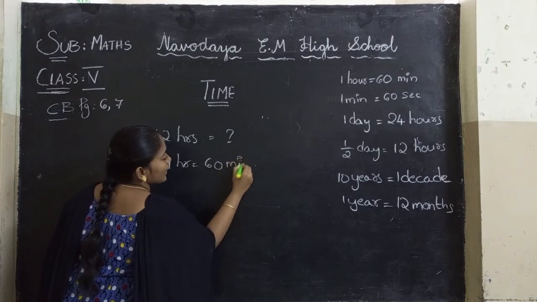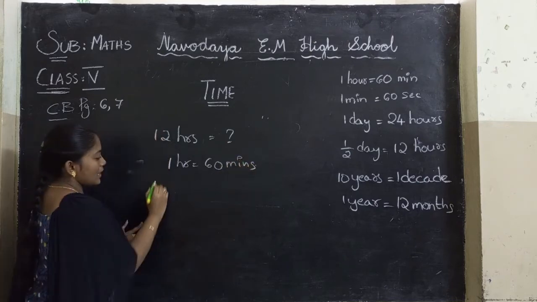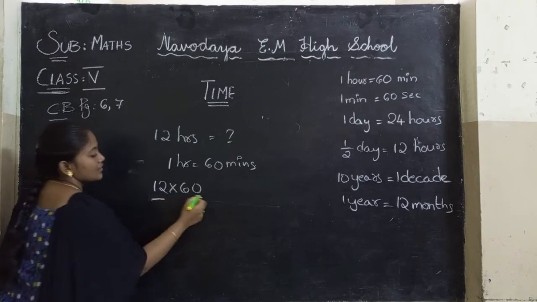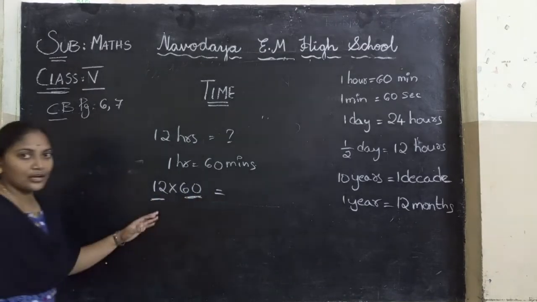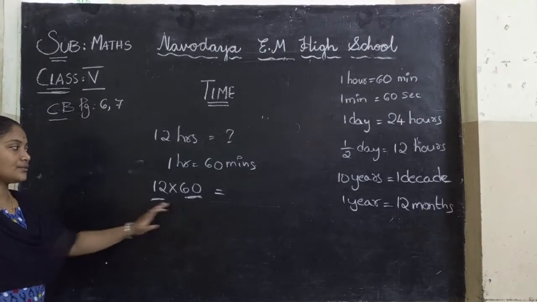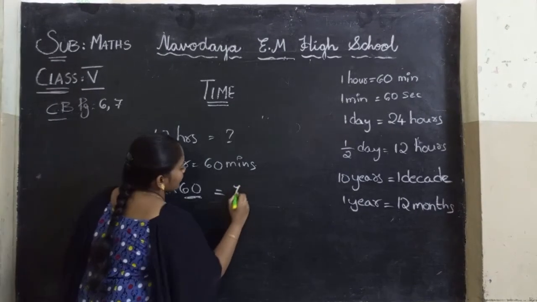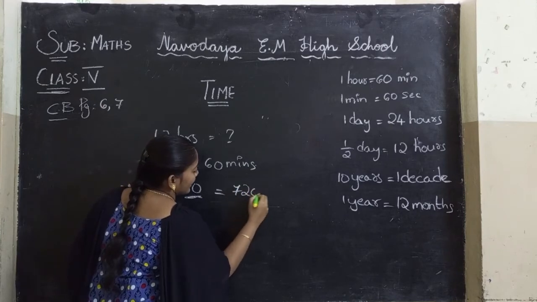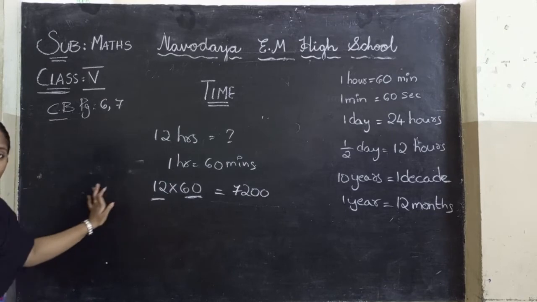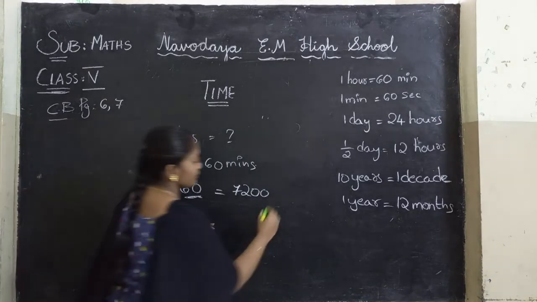So for 12 hours, you have to multiply 12 into 60 minutes. 12 into 60 is 7,200 minutes.